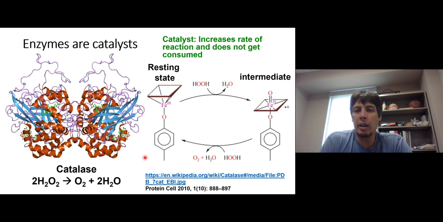This intermediate reacts with another molecule of hydrogen peroxide to form oxygen and water, and then it returns back to the resting state. As long as there's hydrogen peroxide around, it will continue to go in this cycle until no hydrogen peroxide is available, and then it returns to the resting state, the iron 3 form. It just cycles, regenerates itself, and therefore never gets consumed within the reaction.